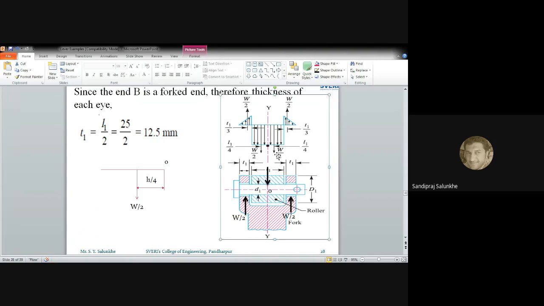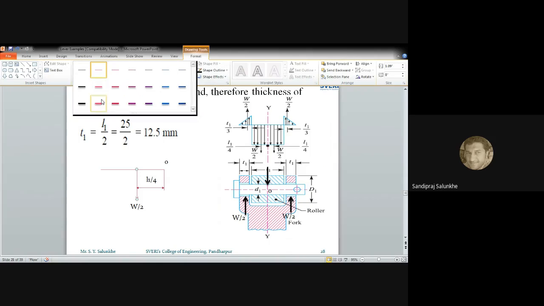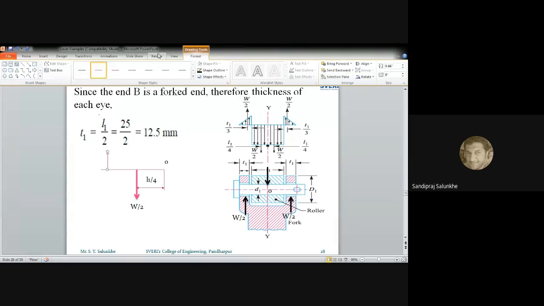So when we are going to calculate the bending moment, for that we have considered the W by 2 load which is acting in downward direction, and one more load, that is W by 2, which is acting in upward direction.